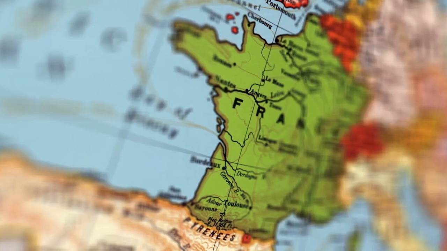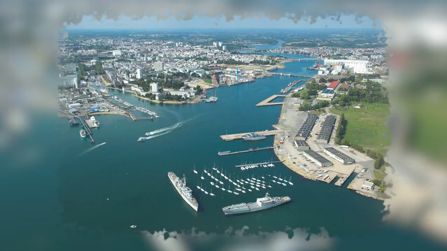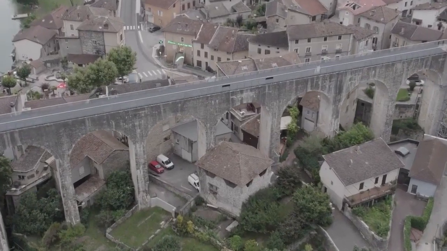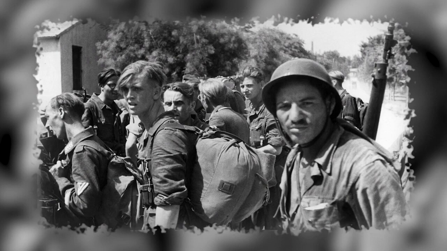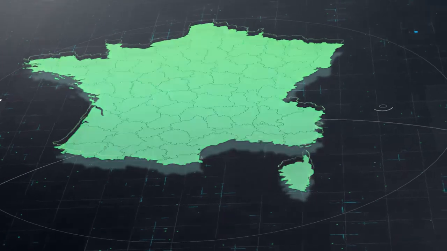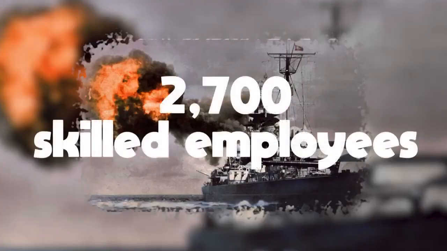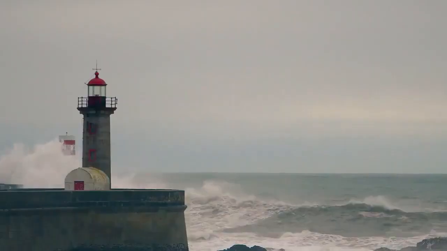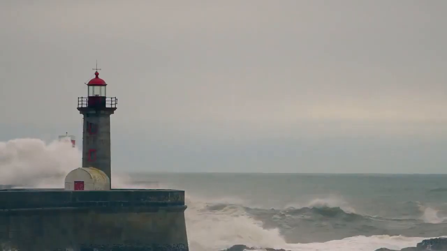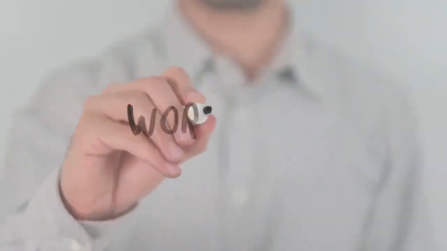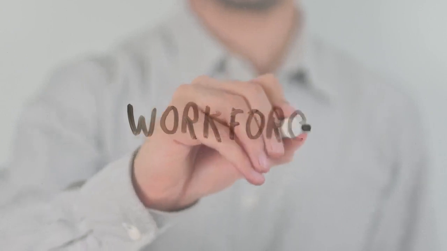When France fell and the ports of Brest, Lorient, and Saint-Ouen became available, there were not enough Germans to staff the repair and maintenance facilities, so heavy reliance was placed on the French workforce. The Kriegsmarine wanted 2,700 skilled employees from Wilhelmshaven to work in bases on the Atlantic coast at the end of 1940, but this was out of a total available workforce of only 3,300.